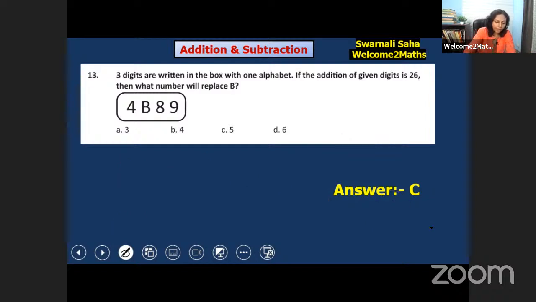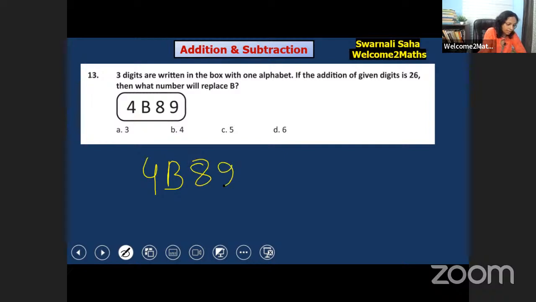13. Okay. You see, we have here 3 digits are written in a box and one is alphabet, and we have to find out this letter only. Value of this letter is 489. Okay. And addition of given digits are there. It's 26. So let's add. We don't know B, but we all know all the other digits. So let's add this all. 4 plus 8 plus 9. Okay. And it's 21.